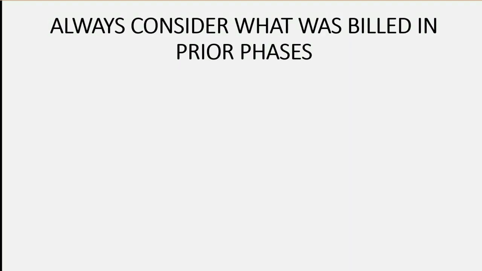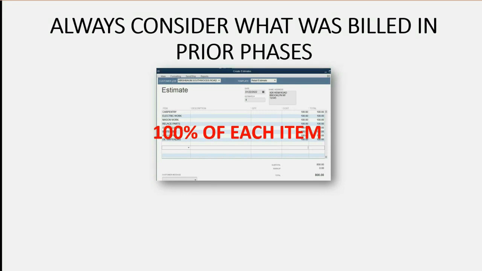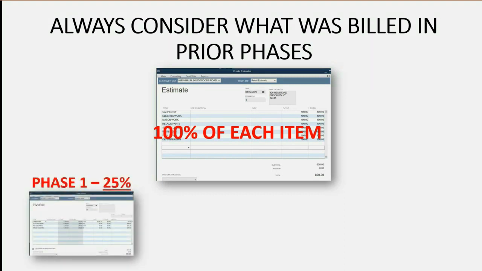Always consider what was billed in prior phases. We know that the estimate has 100% of each item listed for each item on the estimate. But if you only finished 25% of the work in phase 1, you could only bill for 25%. But be careful.